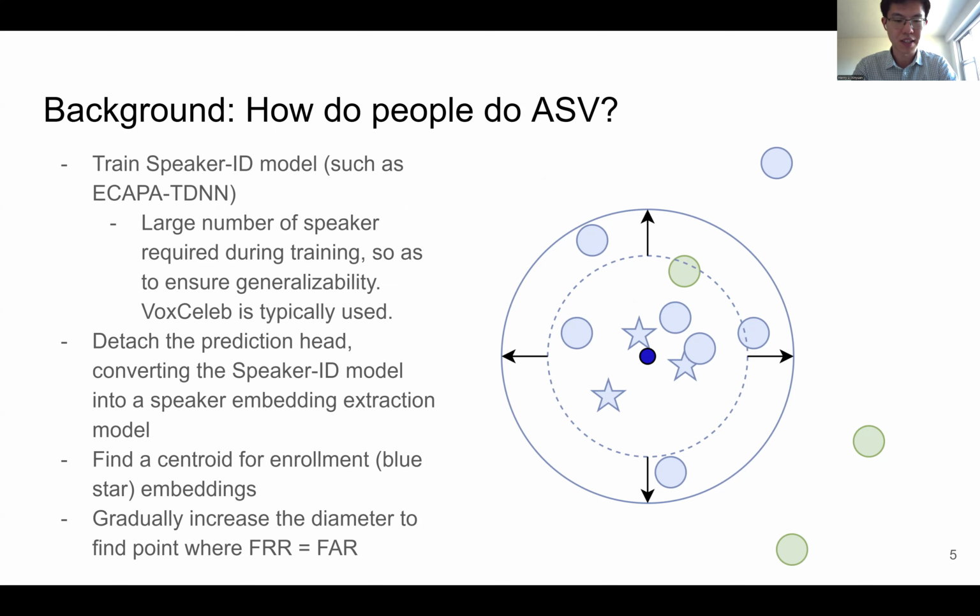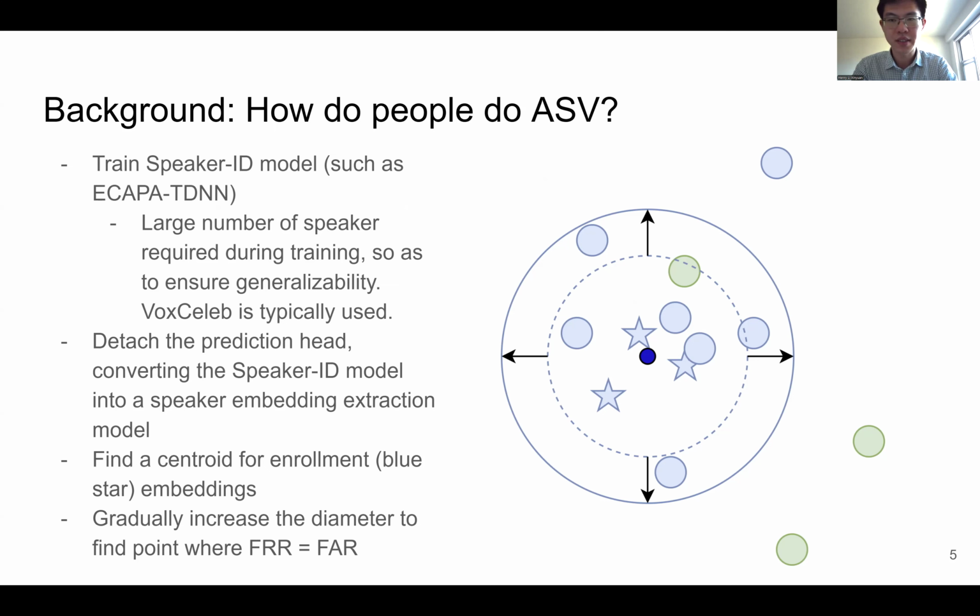During the enrollment process, we extract the speaker embedding for the enrollment utterances. That would correspond to the three blue stars in the diagram. We find a mean, which is represented by the dark blue dot. And then we set a cosine distance threshold. We consider every trial utterance whose embedding sits within that threshold from the mean, the dark blue dot, as an accepted utterance.